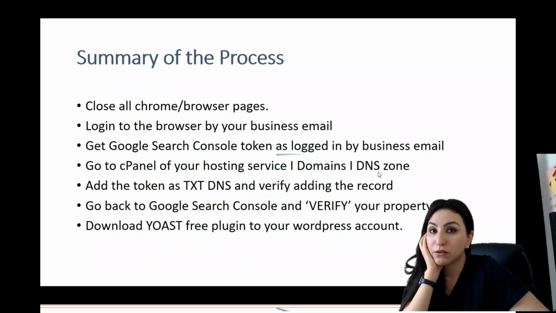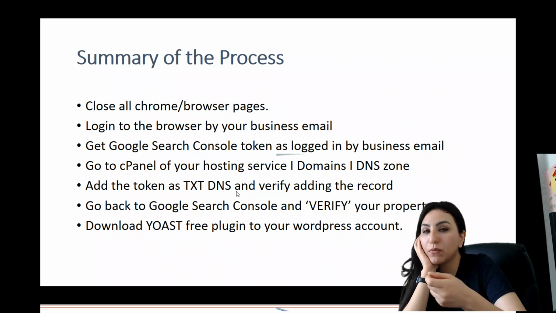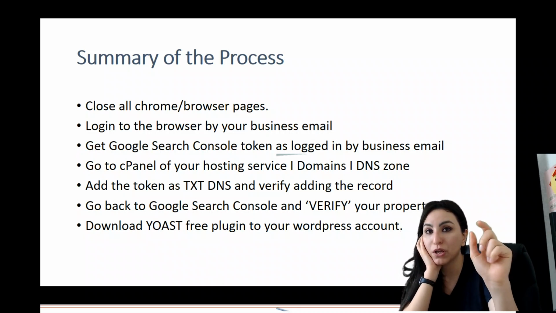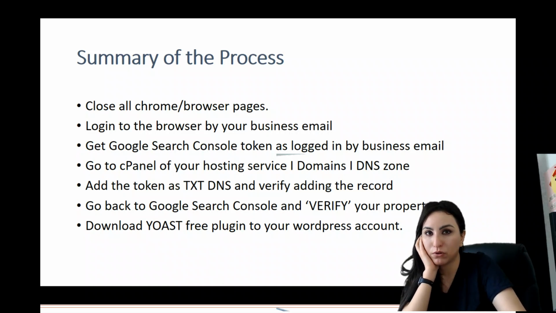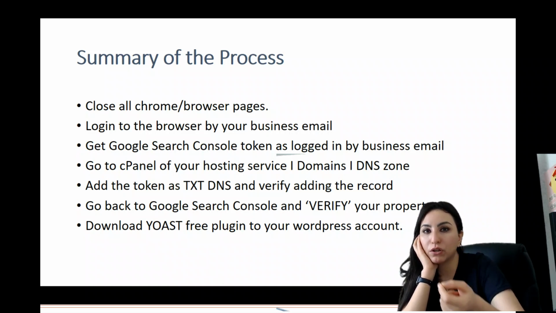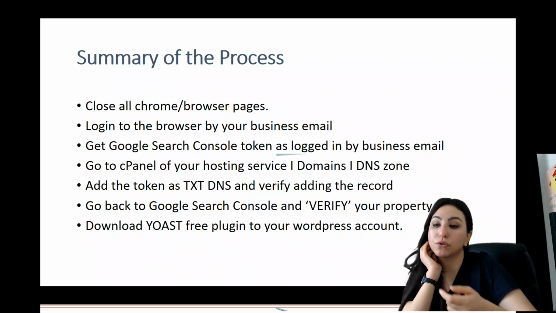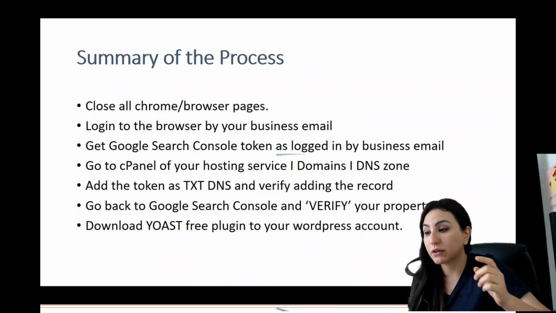With the DNS zone, what you need to do is add the token to your TXT DNS. In some hosting services, they might have tabs of TXT or different other forms, or a drop-down menu. Whatever it is, depending on your hosting service, please use the TXT.